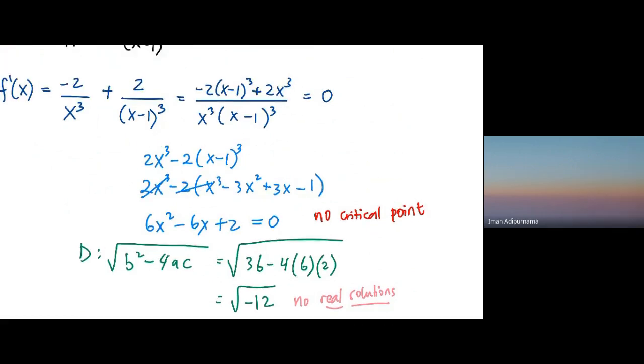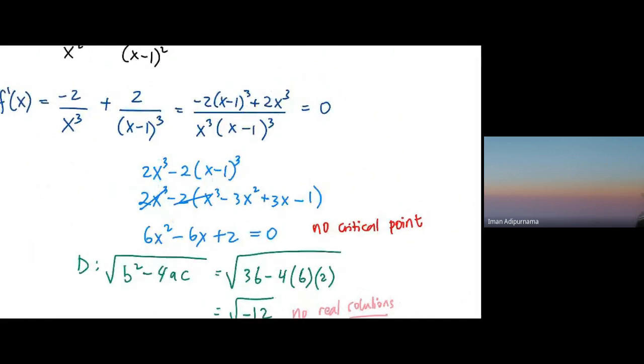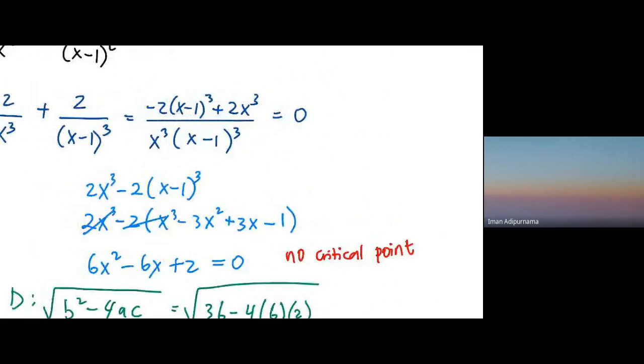But then how can we check our increasing and decreasing? We can check from numbers that might not be in our domain, like 0 and 1. We can check when the first derivative is positive or negative.